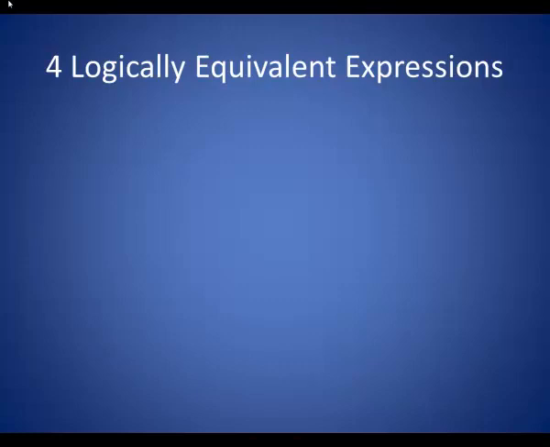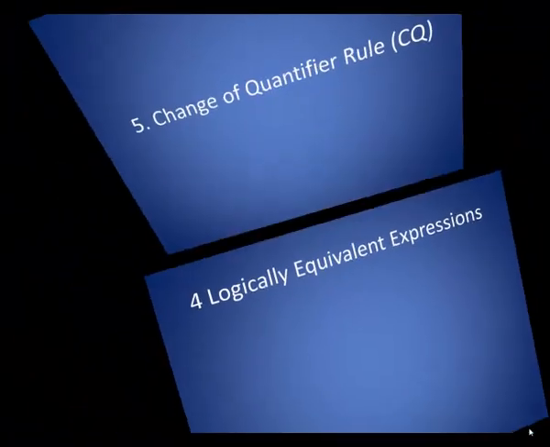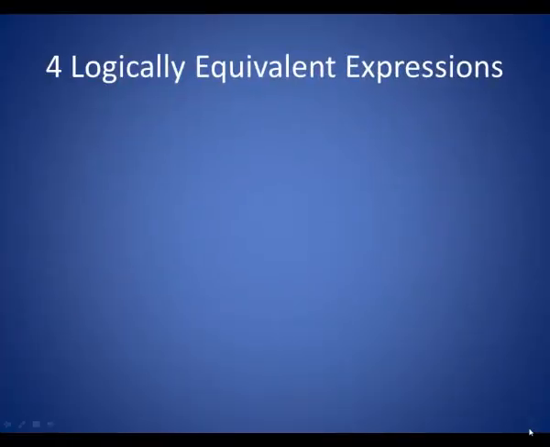So to get started on this, we need to look at 4 logically equivalent expressions. This one says, on the left side, for all x, x is f. Now these 4 dots, they represent logically equivalent. So that means that this statement is logically equivalent to this statement.